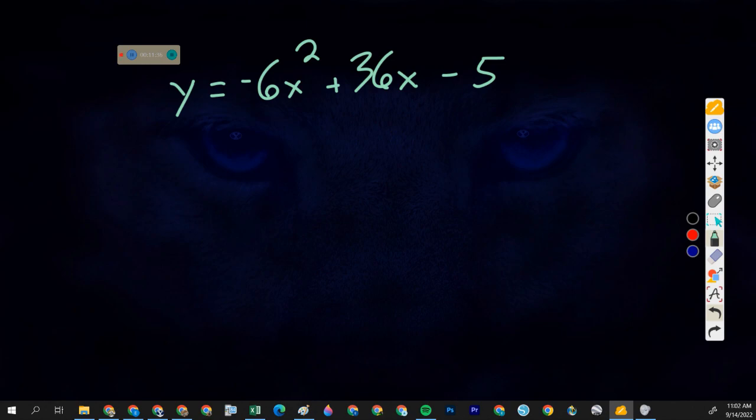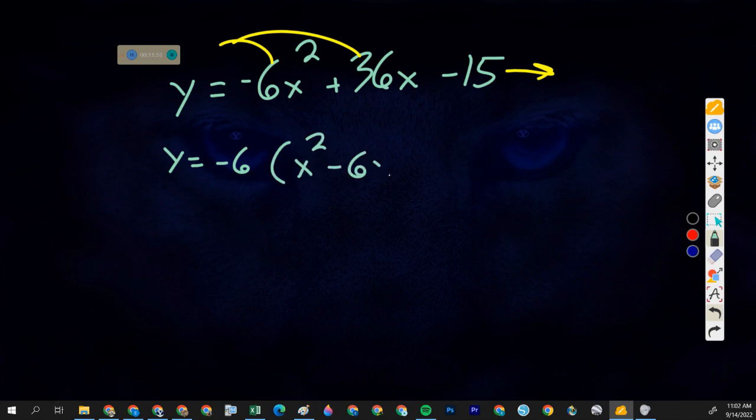I'm just going to put that, and well, we'll probably change that later, but same idea. I'm going to pull out a negative 6, and I'm going to slide the 15 over. Everybody good with that?